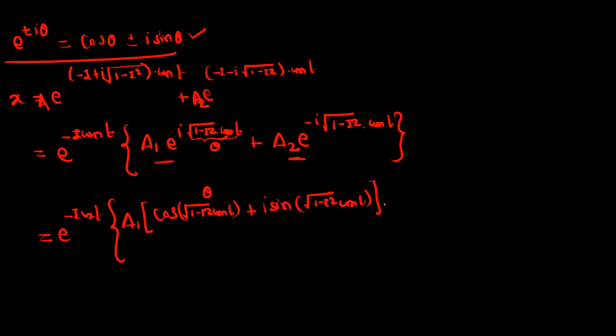So this is the first expansion. Plus a2, now in bracket, cos of square root 1 minus zeta square omega n t minus, as this is minus, so it is minus I sin theta, square root 1 minus zeta square omega n t.